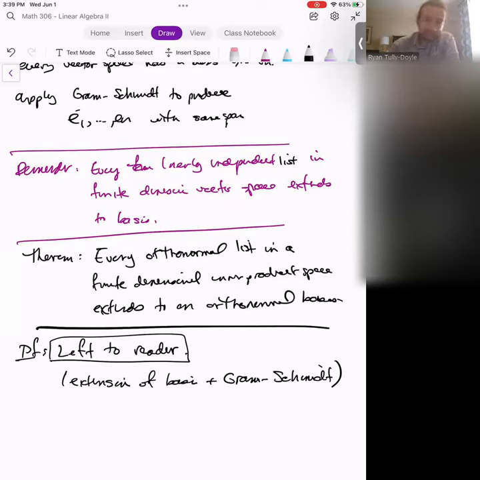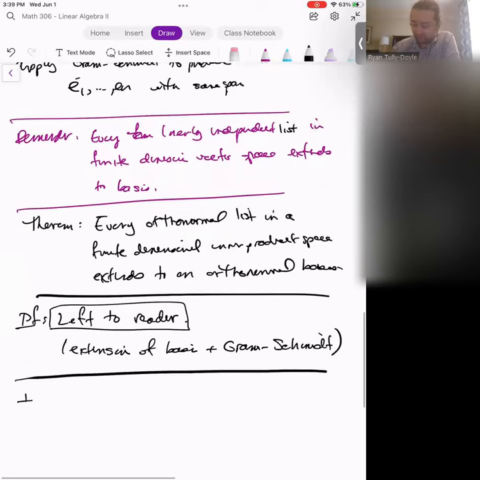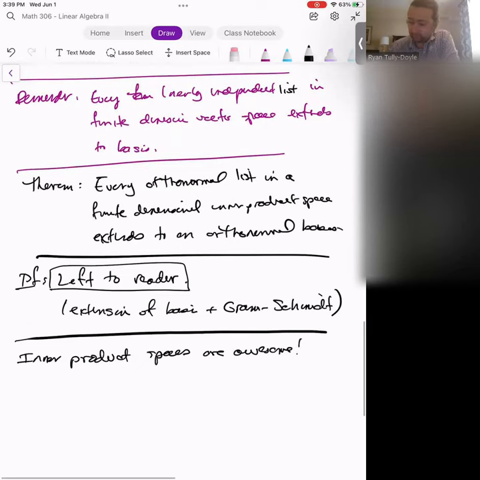Okay, so the last thing I have in my notes that I wrote on 6B before we go on is the statement, inner product spaces are awesome. So I will assert that again here. Now, why are they awesome? They're awesome because you have this idea of orthogonality.